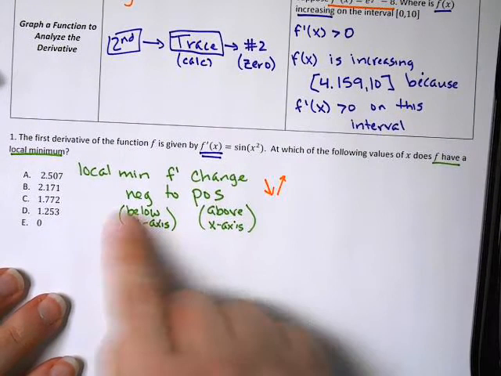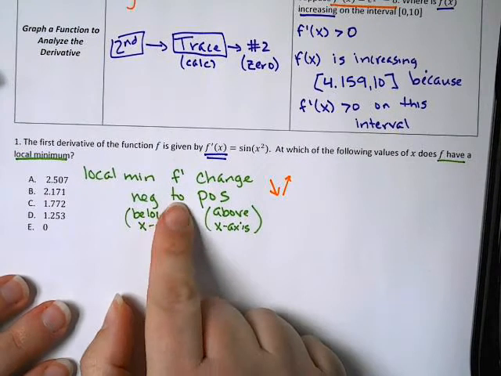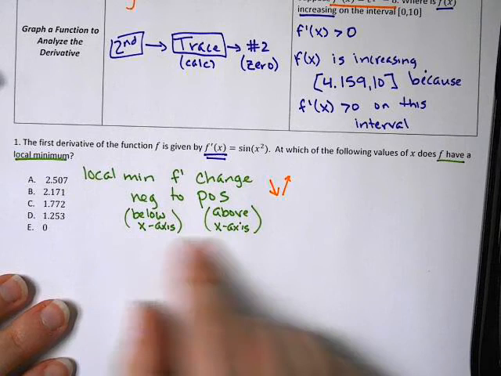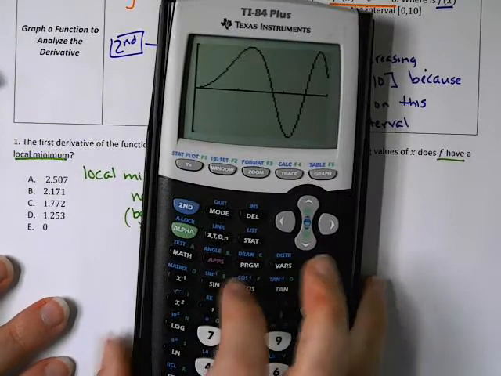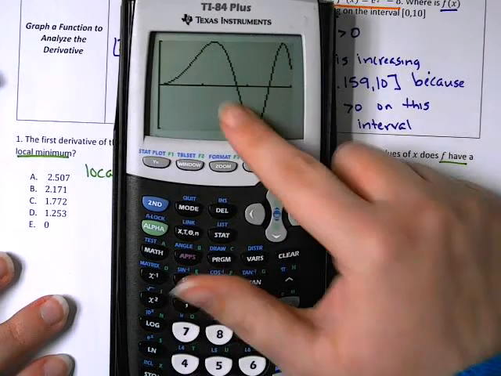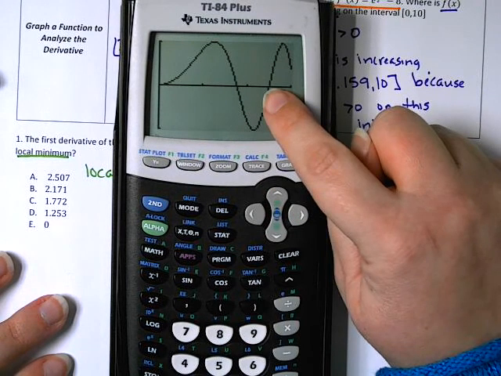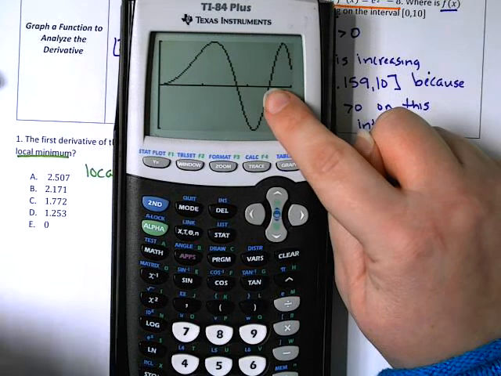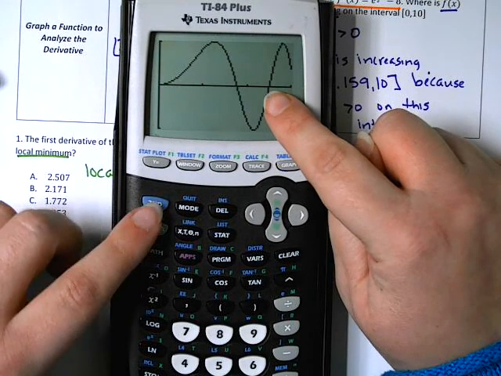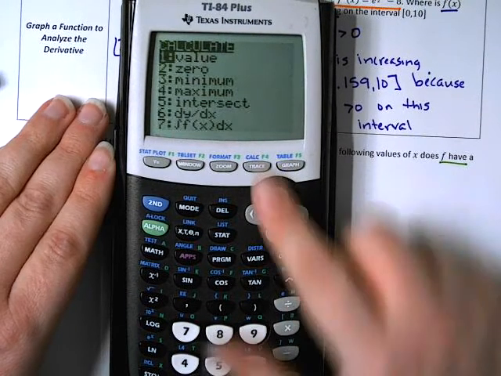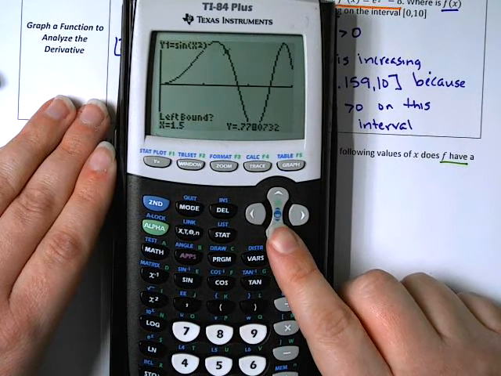So we're looking from where the f prime is changing from below the x-axis to above the x-axis, which means I'm going from a negative to a positive. So that must be right here. So I'm going to use that same option I just did and find the 0 of that function. So second, trace, and I want option 2.